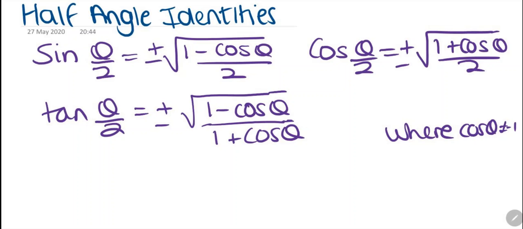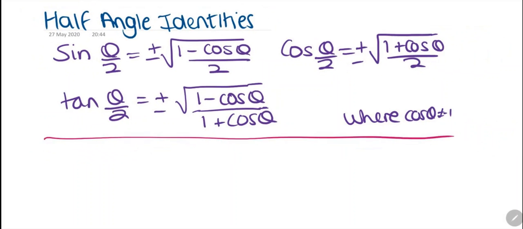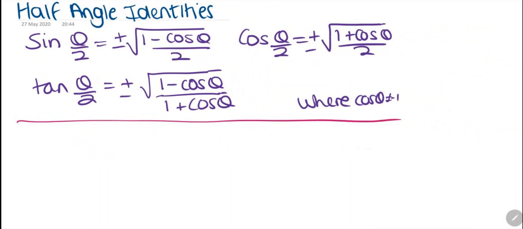So we're going to use these identities to find our half angles.